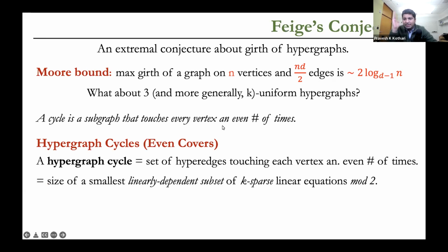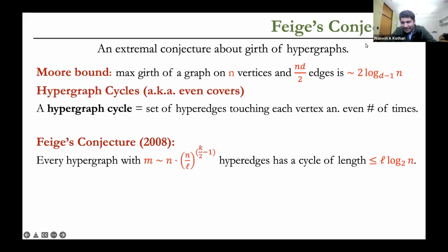Basically, an even sub-hypergraph, if you think of each hyperedge as defining the non-zero coefficient variables in an equation, so a k-sparse linear equation, then a sub-hypergraph which is even is simply a linearly dependent subset modulo 2. Okay, so you can see why XOR-like structure is appearing, and that's roughly the level I'll stick to at the moment. So, this happens to be the size of the smallest linearly dependent subset of k-sparse linear equations modulo 2.